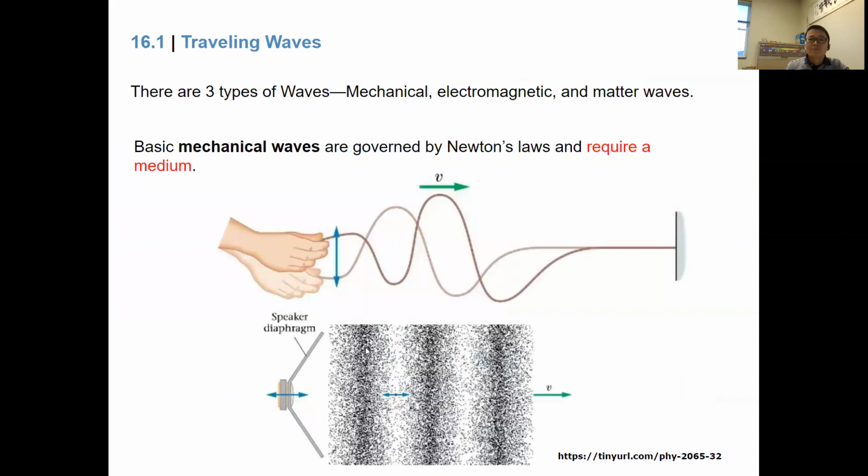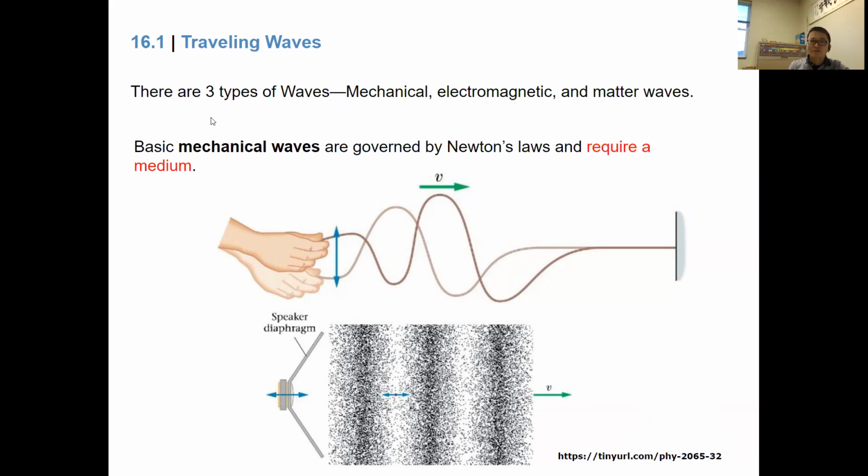For mechanical waves, there are two types: one is called the transverse mechanical wave, and the other is called the longitudinal wave. But first, let's talk about waves in general.